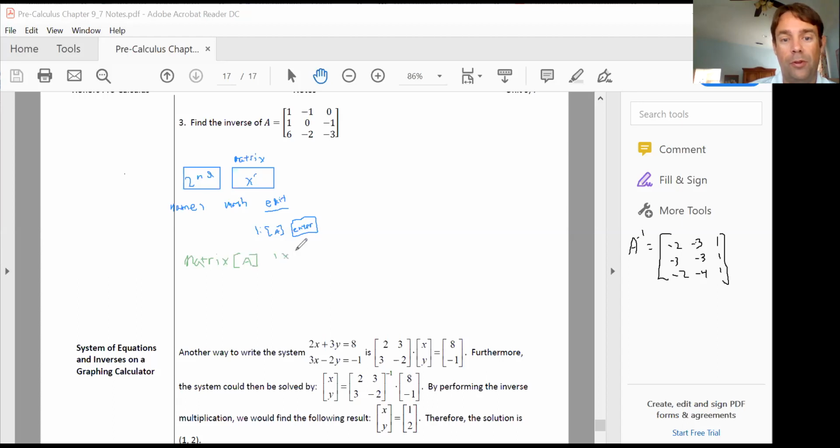Well, we clearly don't have a 1 by 1 matrix. We have a 3 by 3 matrix. So you're going to change that so that it is a 3 by 3 matrix. So your matrix A is now a 3 by 3 matrix.